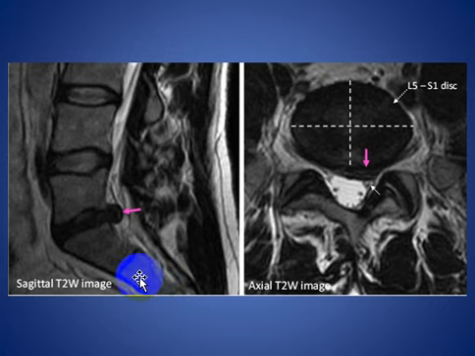As we see here, this is disc herniation with central and subarticular type on the left side with displacement of the nerve root here on the left side. This is the S1 nerve root.